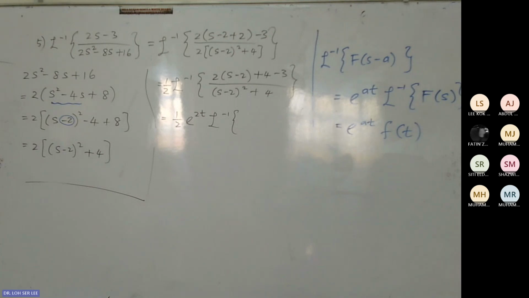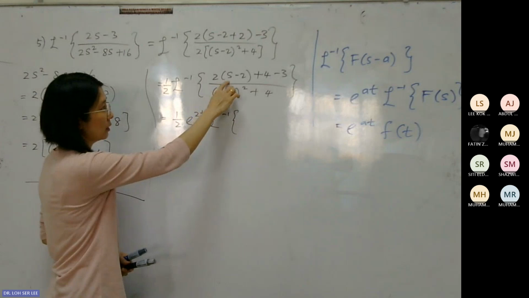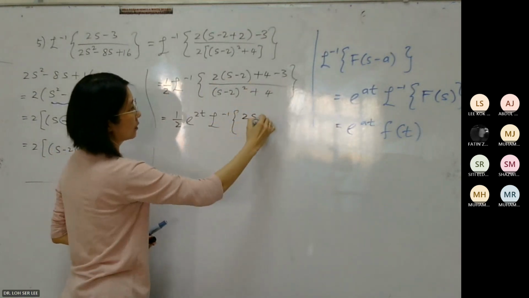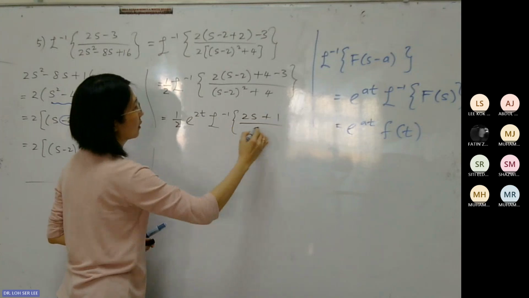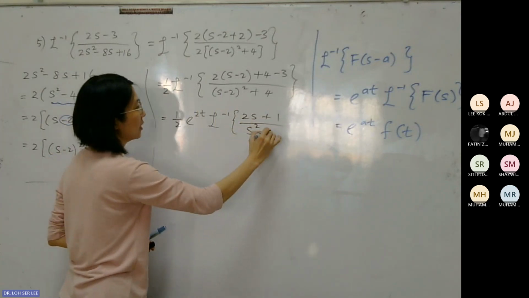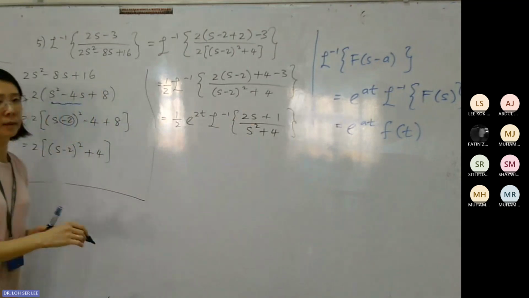So what is your function at the top? 2s plus 1. And this one will be s squared plus 4.